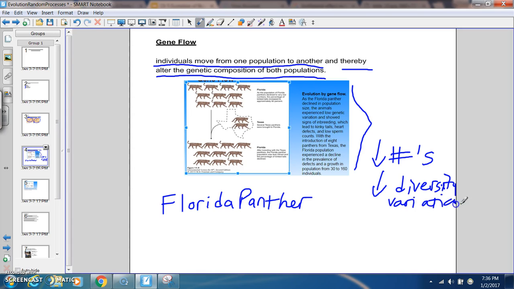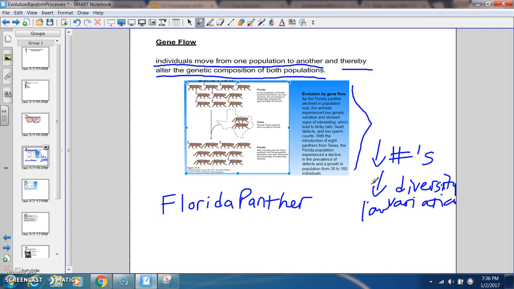There's low genetic variation. When that happens, inbreeding can occur, where individuals will mate with individuals that they're somewhat related to, and as a result, mutations occur to where different types of physical abnormalities can happen.